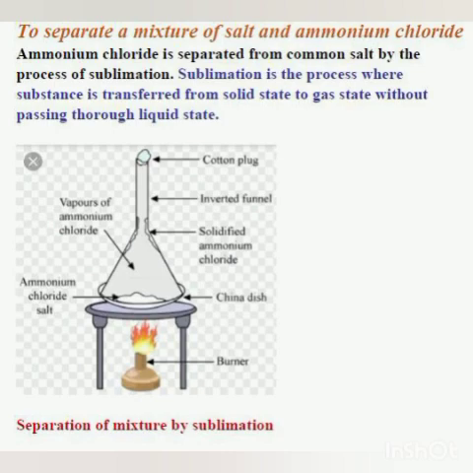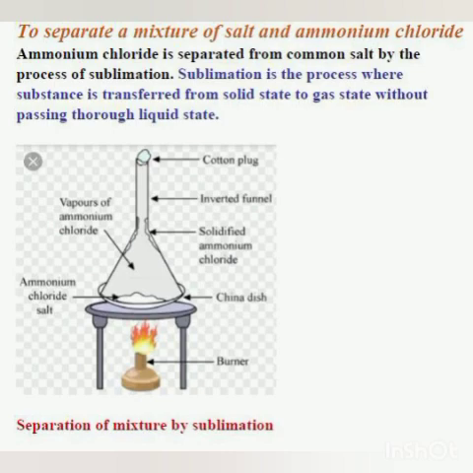So when these vapors come in contact with the upper walls of the funnel, they change into solid. Ammonium chloride from solid state changes directly to gaseous state, and the gaseous ammonium chloride, when it comes in contact with the upper walls of the funnel, changes directly into solid.